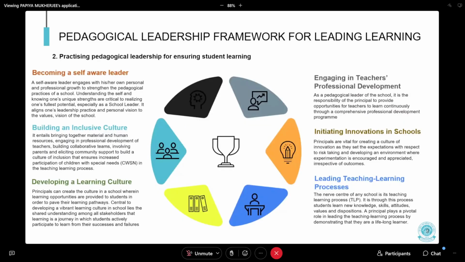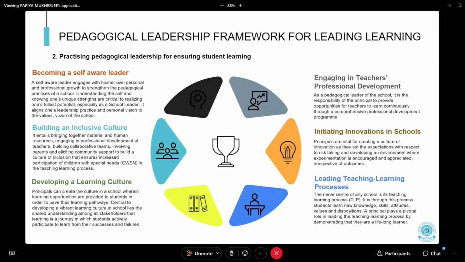Now, what are the steps that you will be taking to ensure that student learning is happening in the desired direction? We already discussed that once you are a self-aware leader, you are aware of your unique strength as a pedagogical leader, which is so very important and critical to realizing your own fullest potential, especially as school leader.